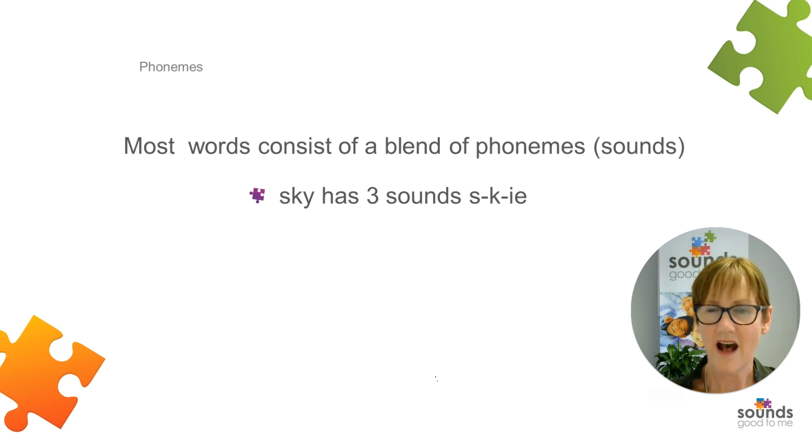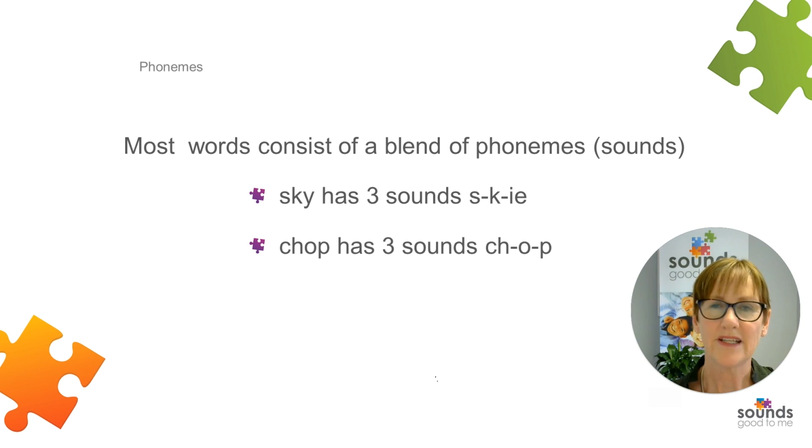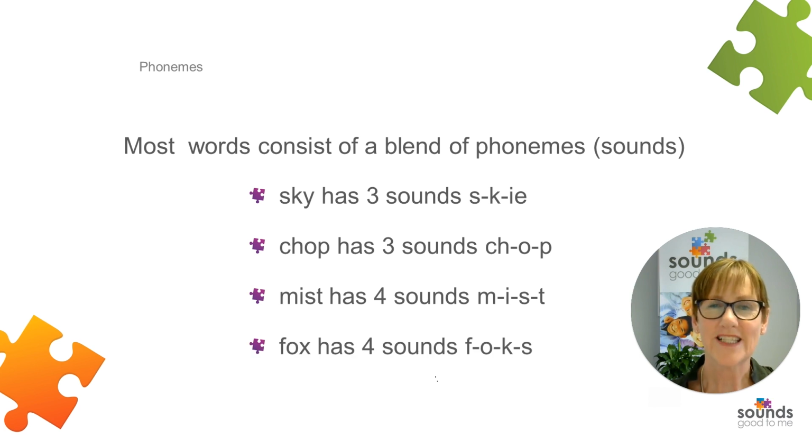S, k, I. Chop has three sounds. It's got four letters, but three sounds. Ch, o, p. Mist has four sounds. M, I, s, t. It also has four letters. And fox has four sounds.